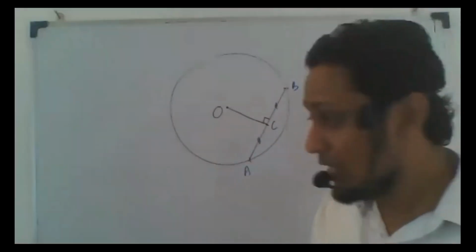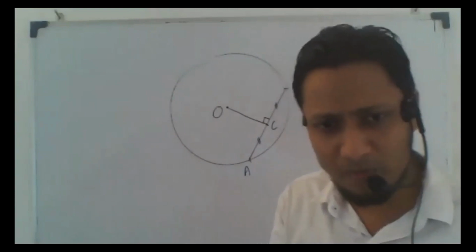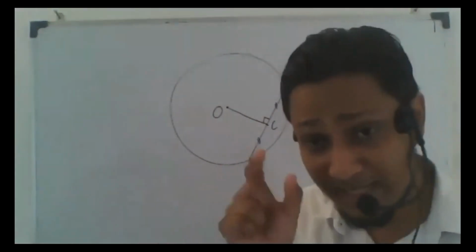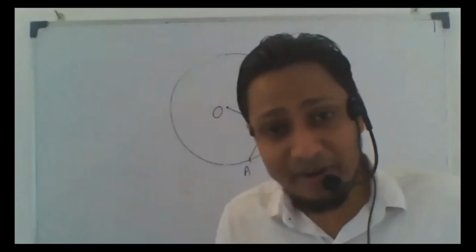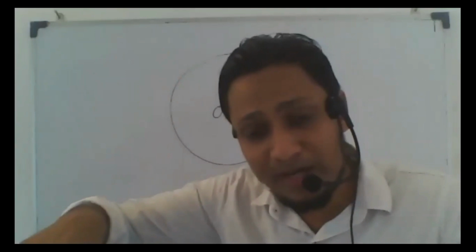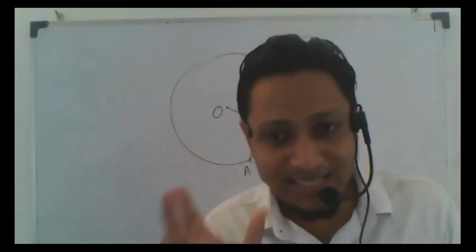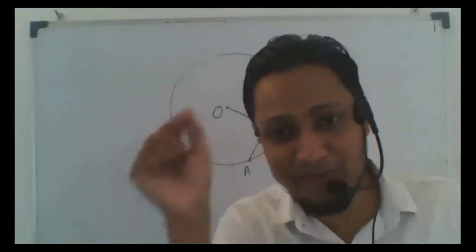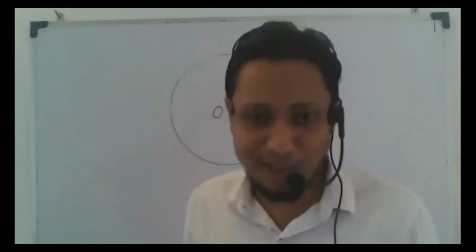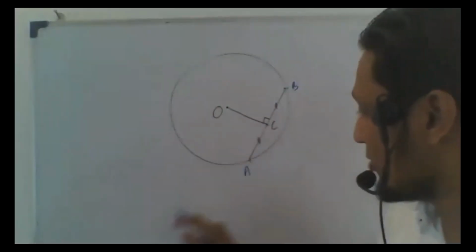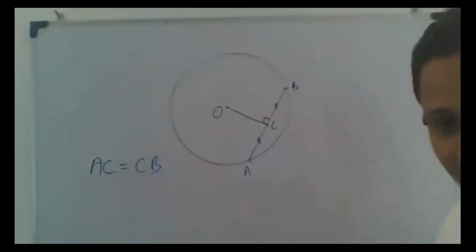Look at 2 parts, okay? What I told you about AO and BO: when I draw a line from the center to the midpoint of the chord, it is perpendicular to the chord. That is the theorem. What is the theorem? The line drawn from the center to the midpoint of the chord is perpendicular to the chord. So here, AC is equal to CB.